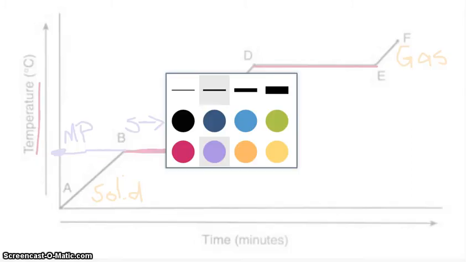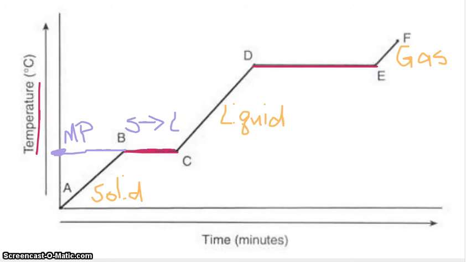And if we jump up and look at our next flat line or plateau area where our slope is 0, between segment D and E, there we are turning from a liquid to a gas. So here we're actually vaporizing the substance. But we don't have what's called a vaporizing point.